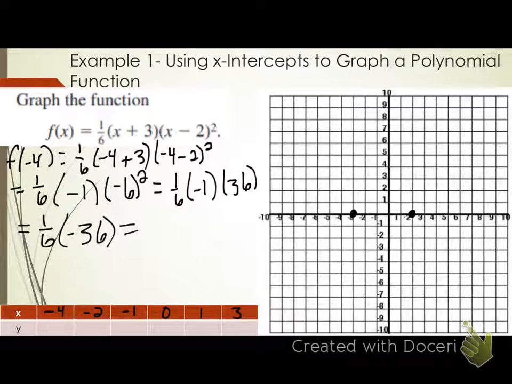And then 1/6 times -36 would give me -6. So one of my ordered pairs is (-4, -6). I can go left 4, down 6, and put one of my points. So there's another one of my ordered pairs that's on my graph.